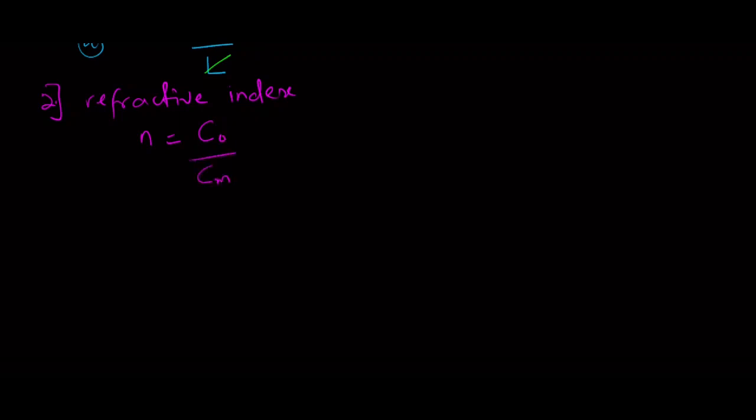So the dimension of velocity of light in air is LT raised to the power minus 1, and the dimension of velocity of light in another medium is also LT raised to the power minus 1. So we cancel things out, this cancels this, and that will give us 1. So it is also dimensionless.